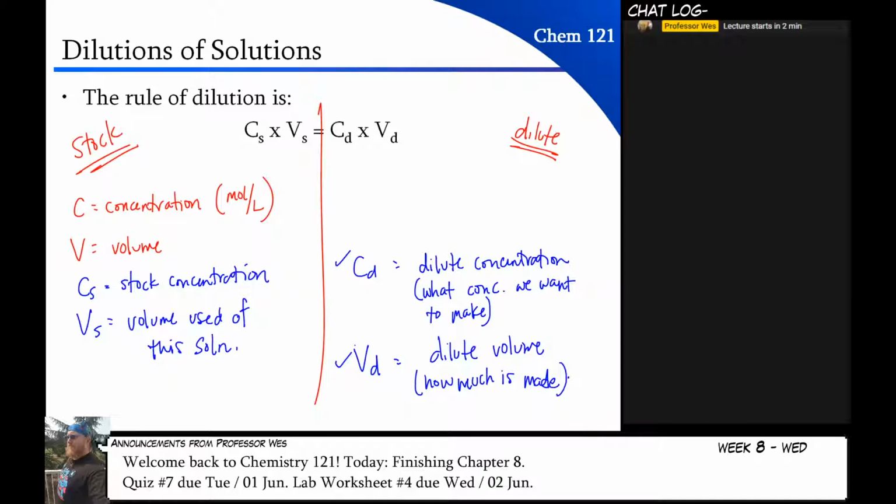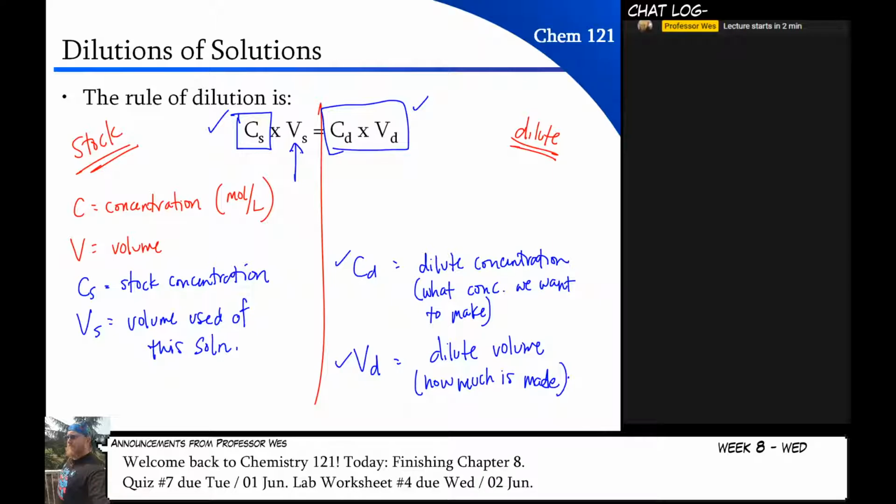Now, in most cases, you get to choose these, so they are known. And you don't get to choose this one, but it's printed on the bottle. So it's fixed and you can't adjust it. That means that you end up solving this expression for this number.